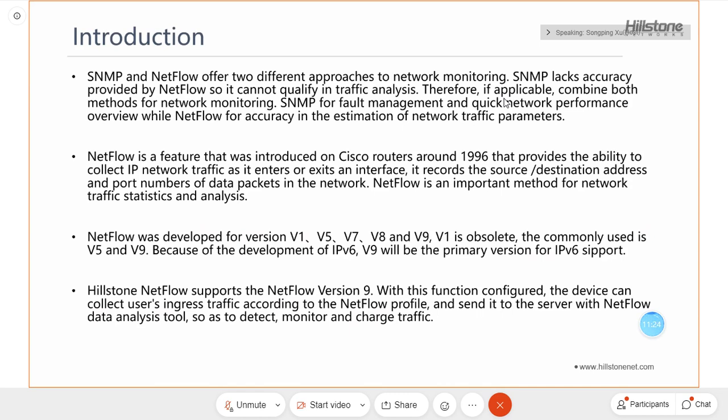In our Houston NG firewall, we support Netflow version 9. With this function, we can collect the user's ingress traffic according to the Netflow profile, and then send this collected data to the Netflow server for data analysis.